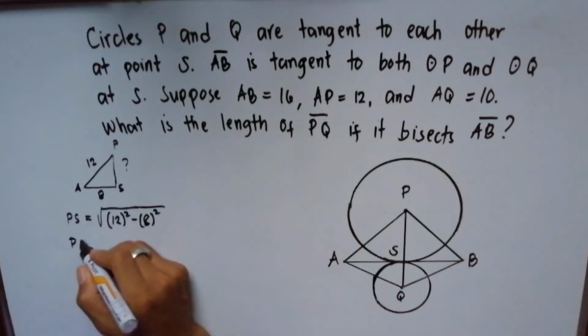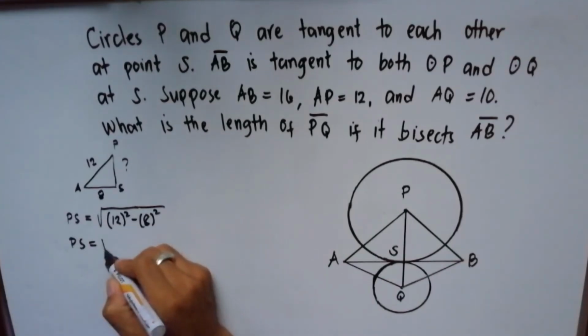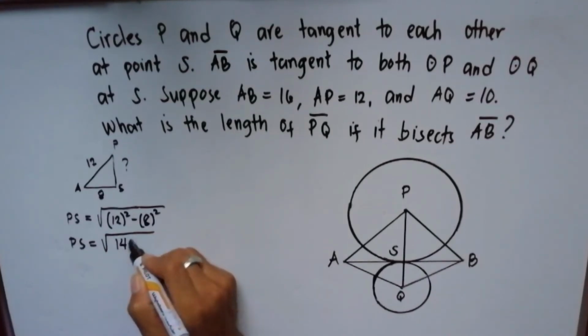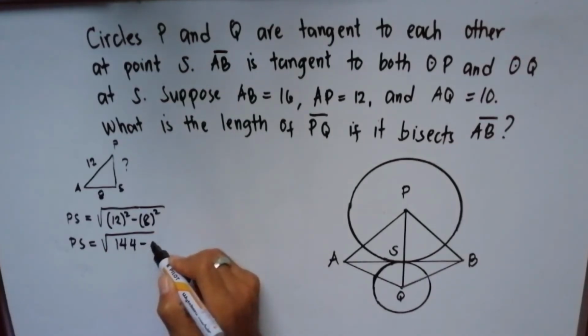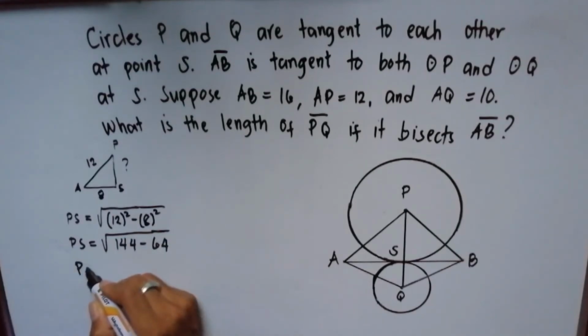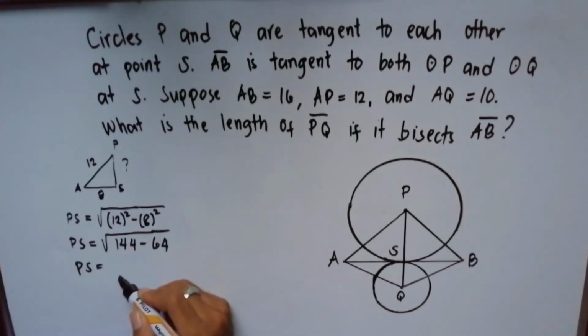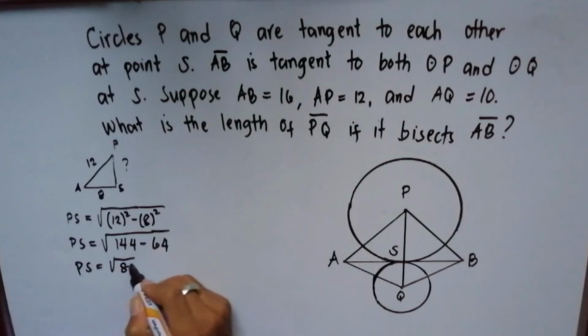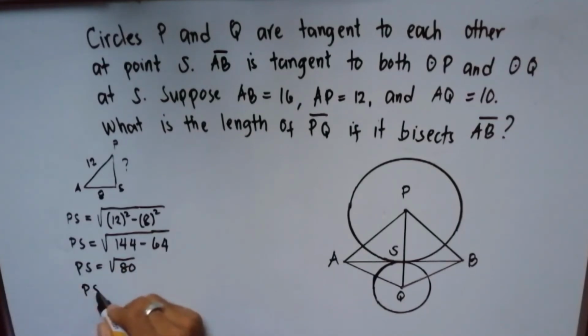So PS is equal to the square root of 144 minus 64. So PS is equal to the square root of 80, and that is equal to 4 square root of 5.